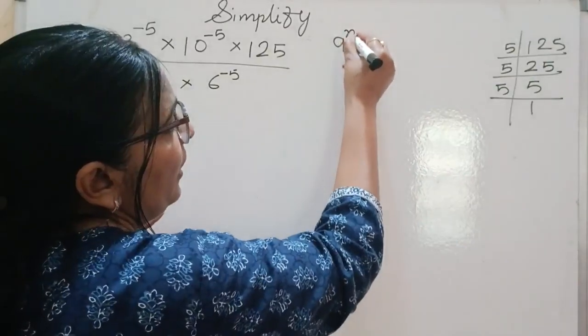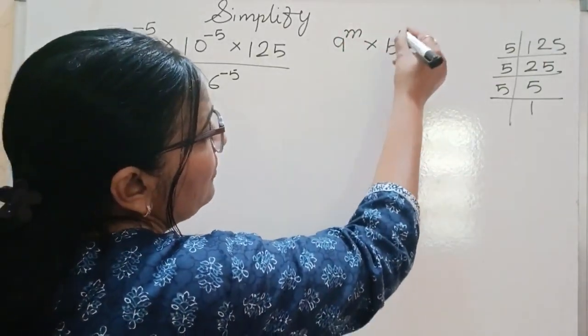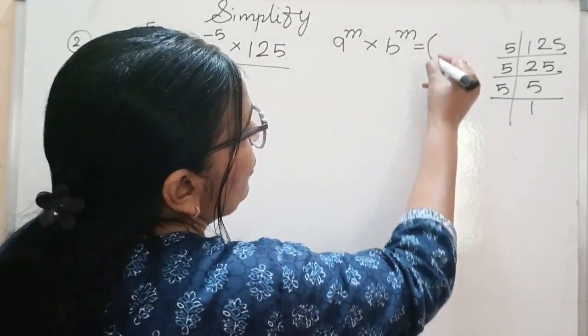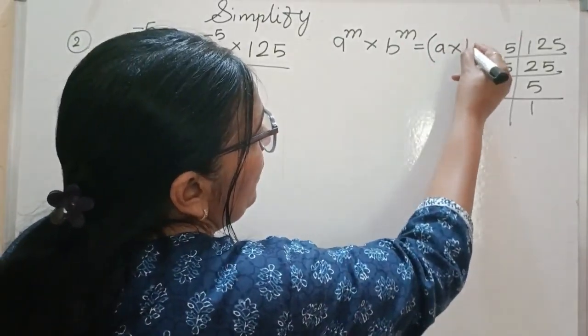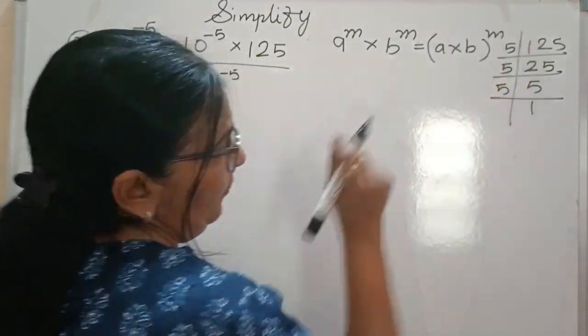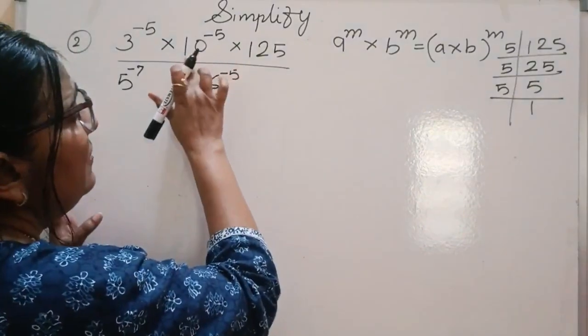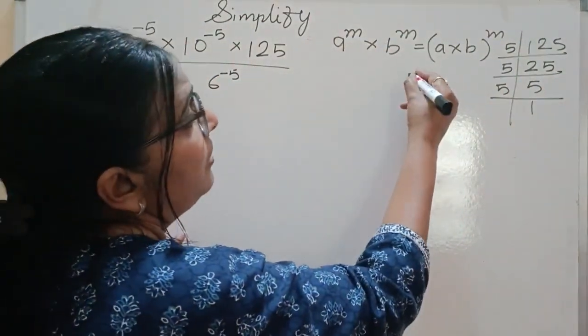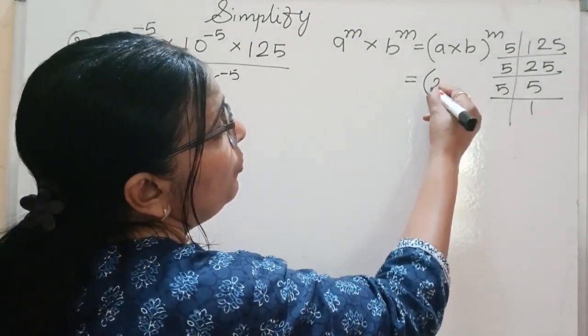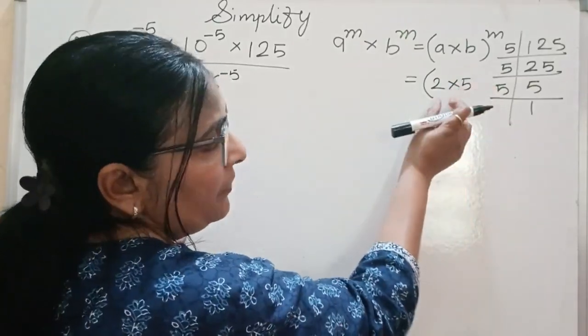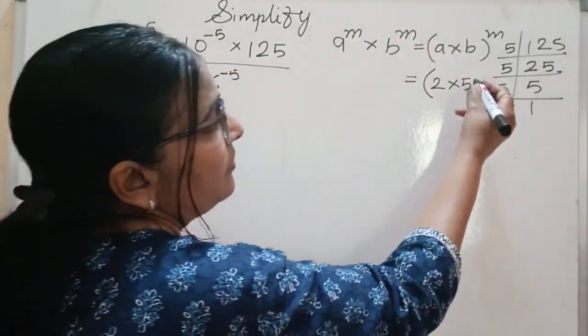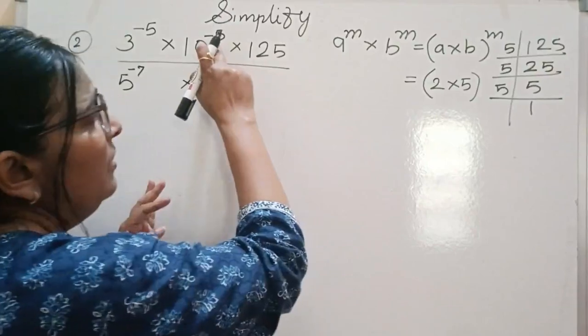Okay. Now next, again for this 10 raised to the power minus 5, I am going to apply this law. A raised to the power m into b raised to the power m is equals to a into b raised to the power m. Okay. How is it? Because this 10 you can write in the form of 2 into 5. 5 2s are 10. And what is m here?